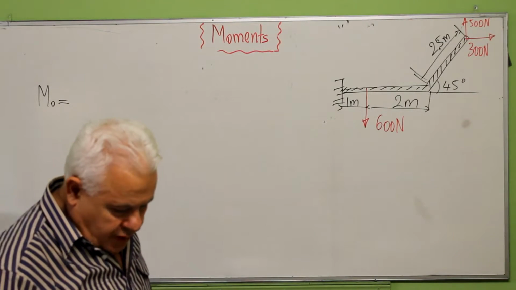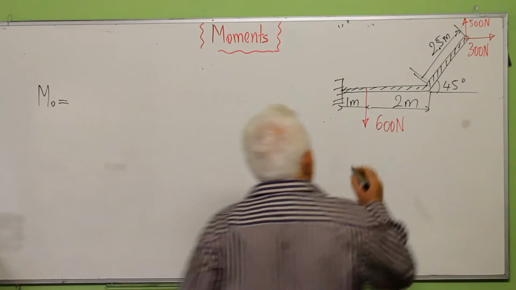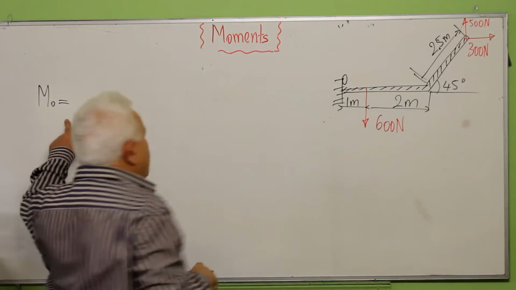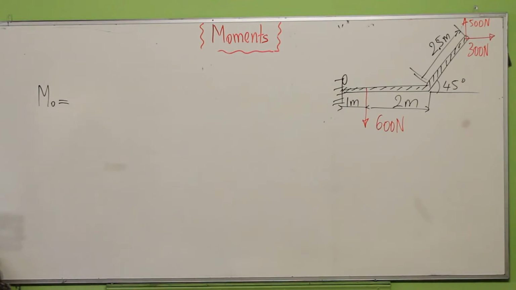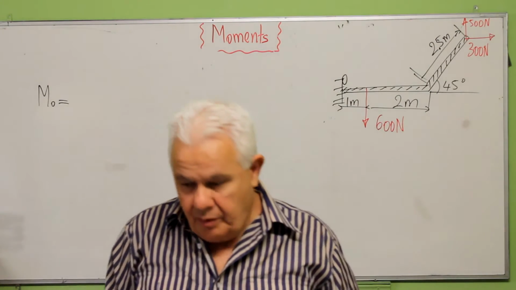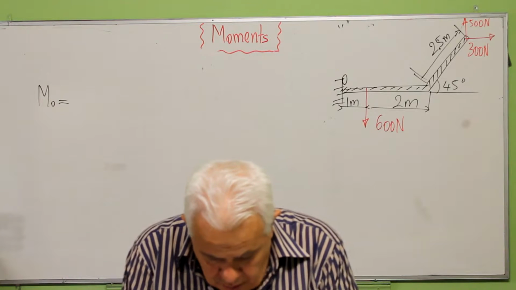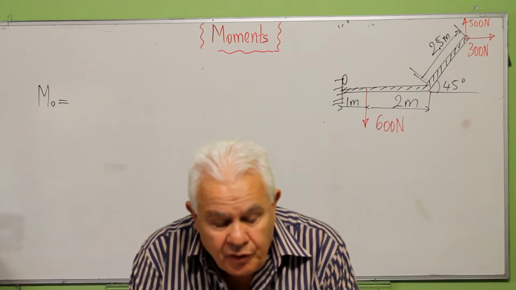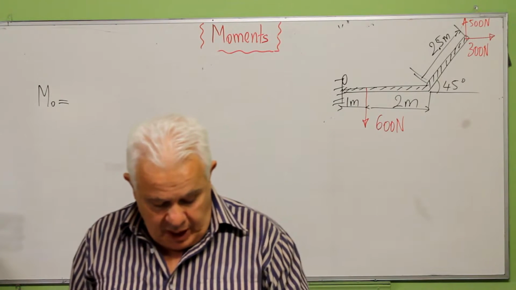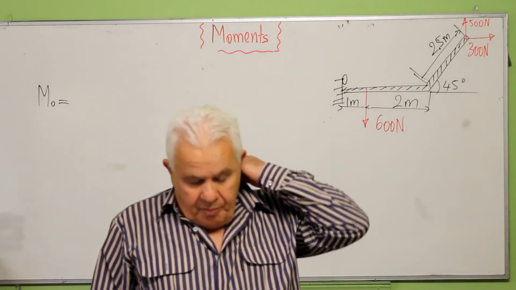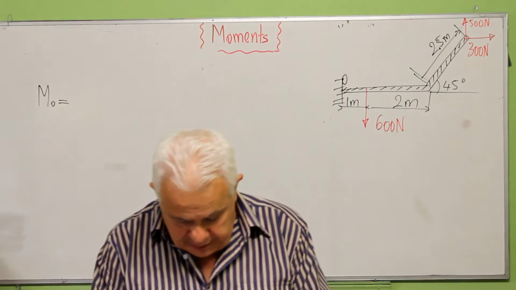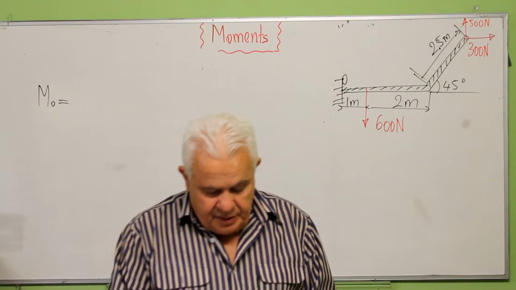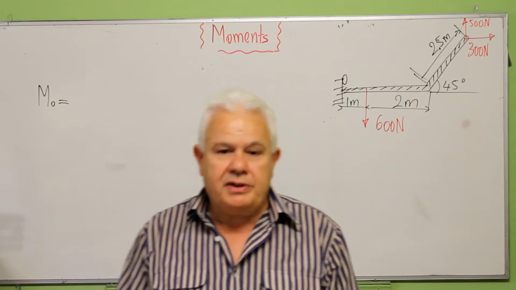So what I am trying to calculate now is the moment of these three forces about O. So the rule, or the principle of moments: the moment of a force about a point is equal to the sum of the moments of the forces about this point.